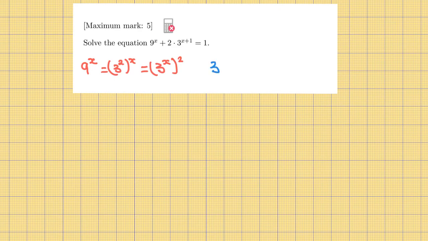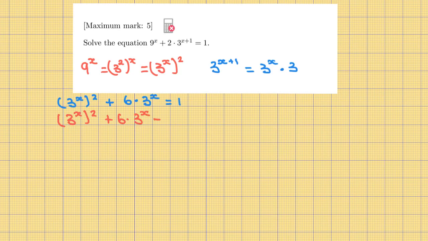And 3 to the power of x plus 1 is equal to 3 to the power of x times 3. Rewriting the equation as 3 to the power of x all squared plus 3 times 2, which is 6, times 3 to the power of x, minus 1 equals 0.